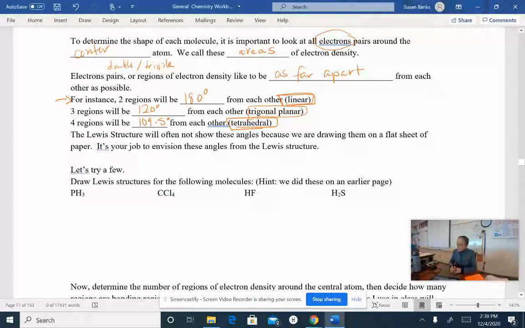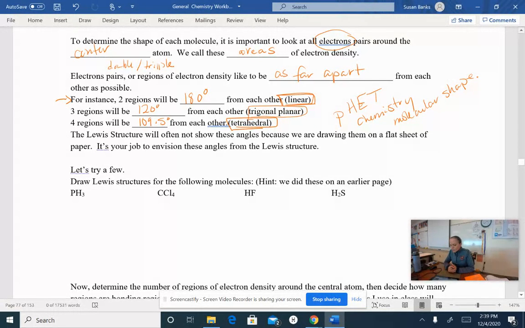Now, there is a really good PhET simulation in chemistry called molecular shape. If you have time, go and play with that. That's a really good way to learn your shapes and your geometries, okay?